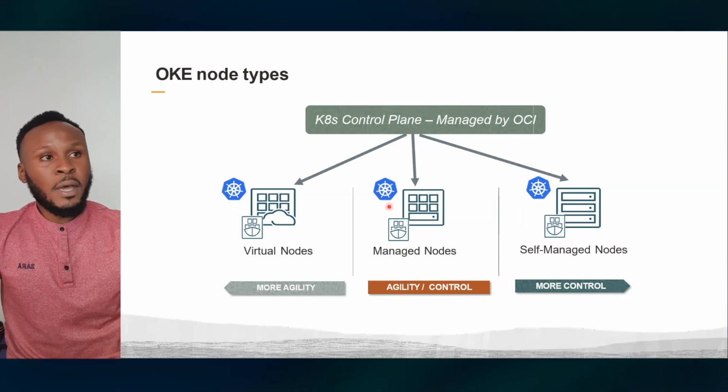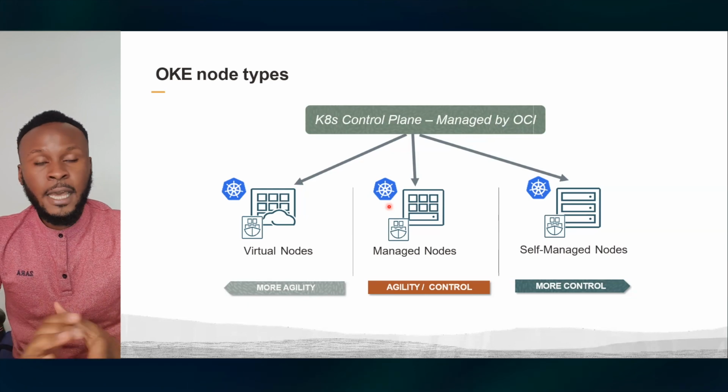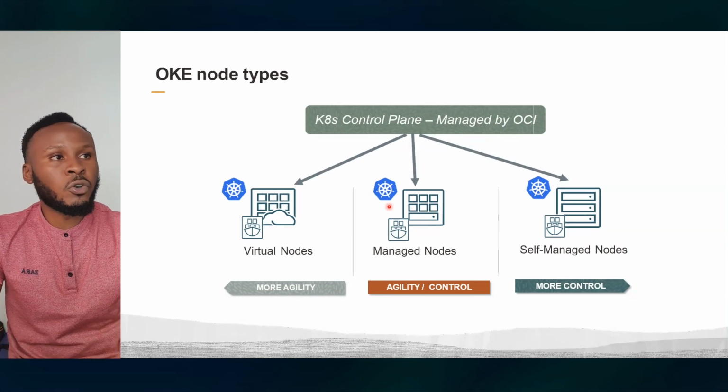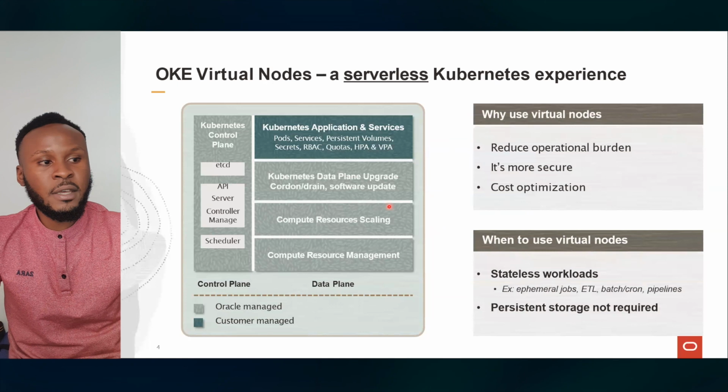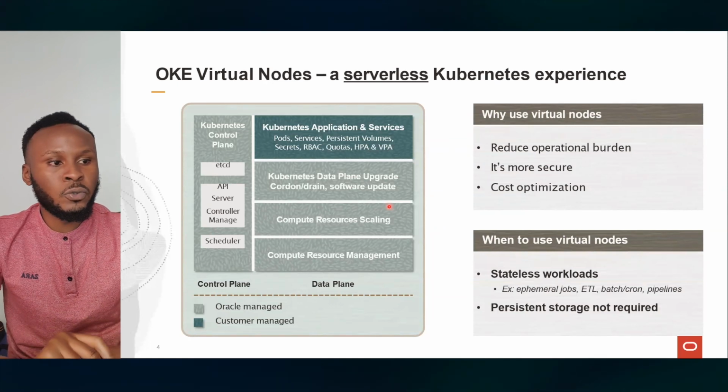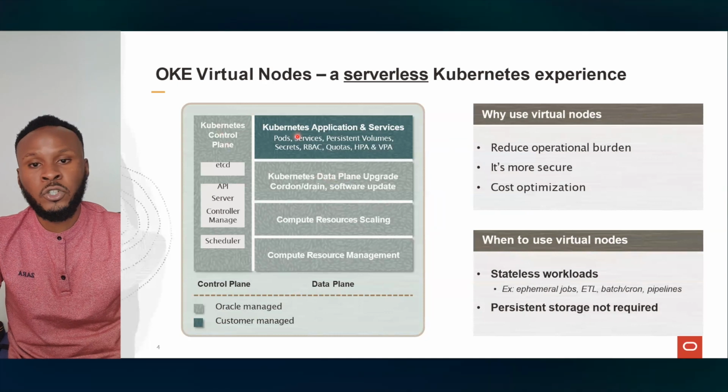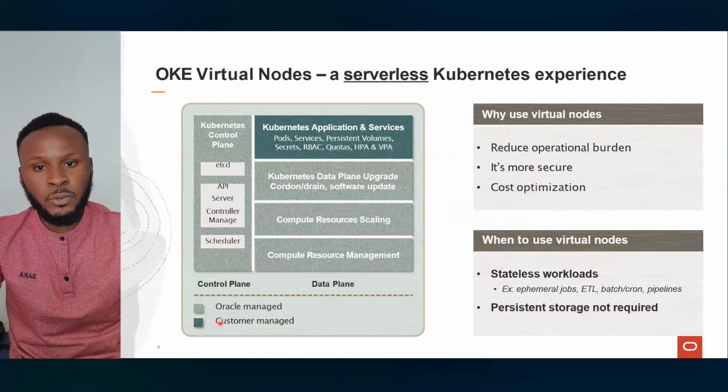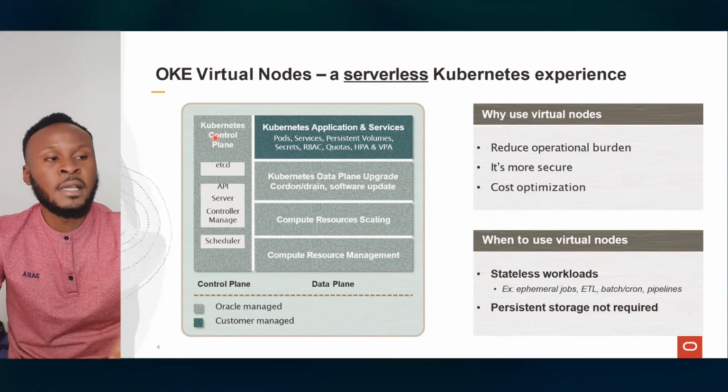So just a bit more focus on the node types. With the first option, the virtual nodes, we get to see what Oracle manages, and then what you as the customer manage. With the control plane, like I've mentioned, regardless of the node type that you choose within OKE, the control plane is always managed by Oracle.